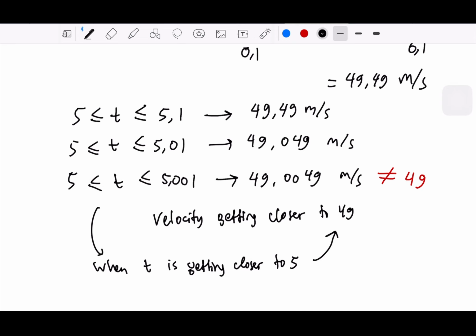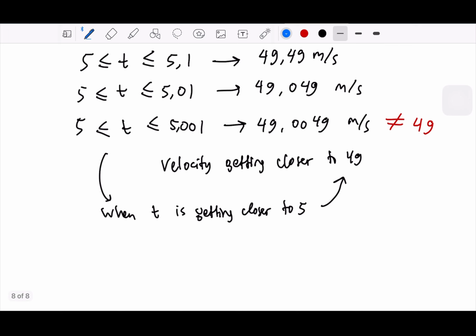Now, from this small experiment, we see that we are getting the idea of getting closer, right? Or, if you remember the term, we call it instantaneous velocity. Maybe in physics also using the same term.